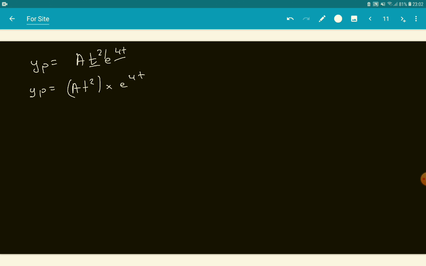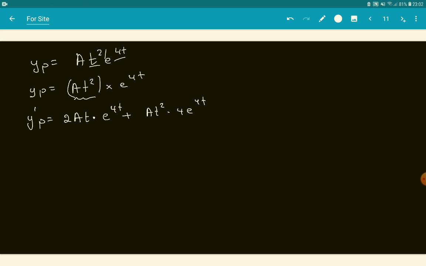Now when I take the prime of that, it will be 2at multiplied by e^(4t) plus at squared multiplied by 4e^(4t).